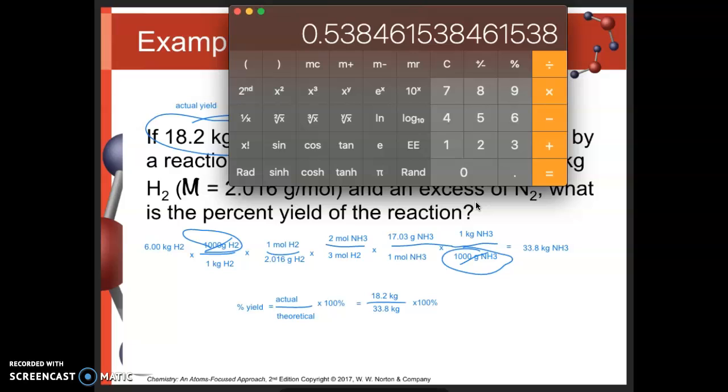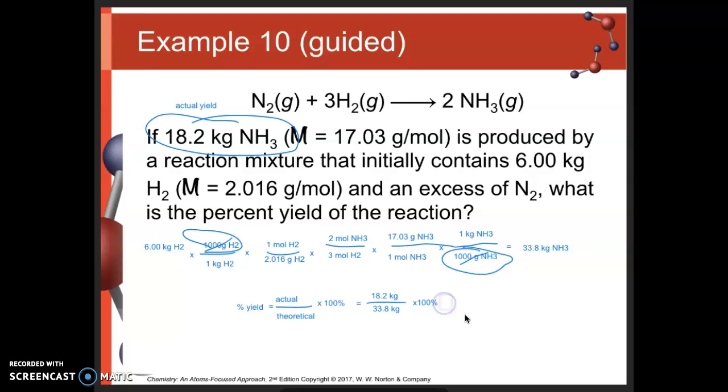And so that would be my fractional yield. We sometimes refer to that, especially in engineering, as efficiency. So this particular process has an efficiency rating of 0.538. But we're interested in percent, so I need to multiply that by 100. 53.8% is my yield.